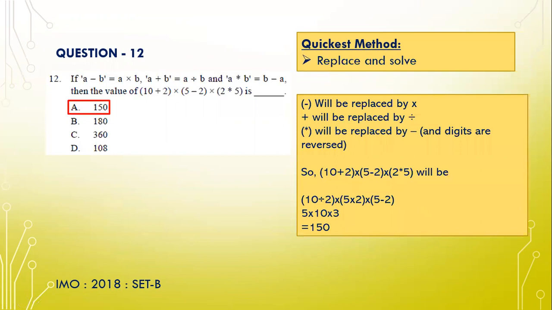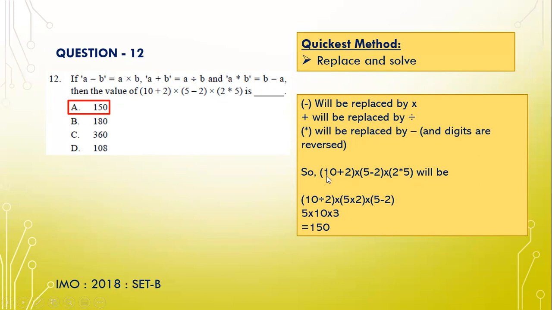Okay, next one. If A minus B is equal to A into B, A plus B is A divided by B and A star B is B minus A. So what is the value of this? So again, minus will be replaced by multiplication. Plus will be replaced by division and star will be replaced by minus, but the digits are reversed. If A star B is B minus A, digits are reversed.